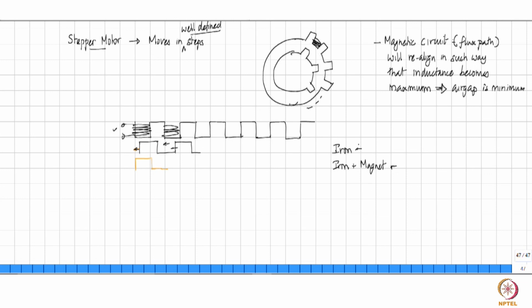Therefore, even if you have a load that attempts to make the rotor rotate, this fellow will hold it, and you have a holding effect, which if you want to reproduce in the other kind of machines is not so easy. You have to have a control system which attempts to do that. Whereas in this case, there is no big closed loop system that is necessary, because the movement is well defined, right?